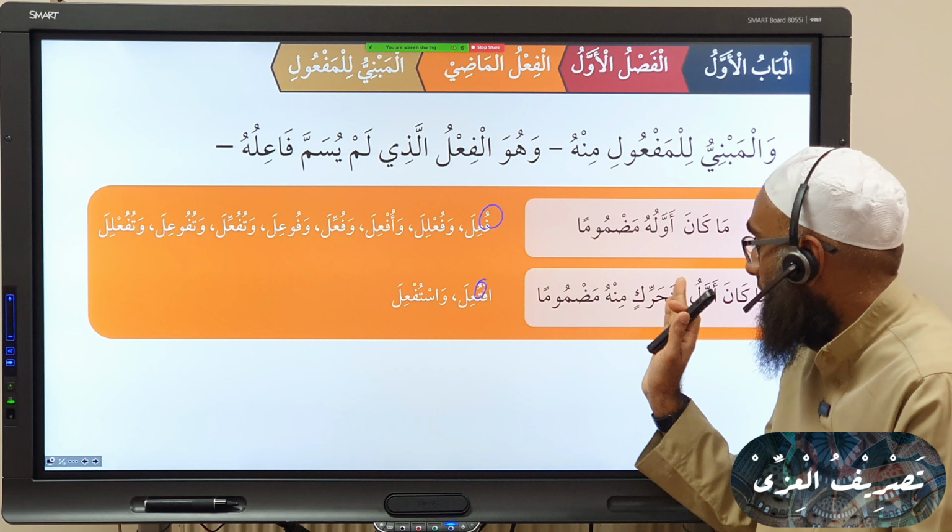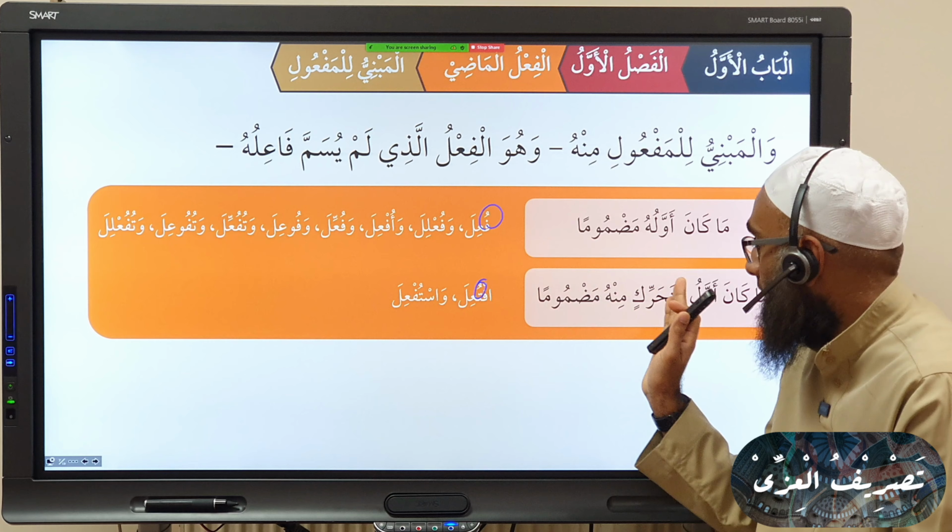The maf'ul bihi, which is now called na'ibul fa'il because it's marfu'. Yes? So the mabni lil maf'ul, the madhi which is molded to accommodate the maf'ul bihi after it, which is now called what? Na'ibul fa'il. And what state is it in? Marfu' state.